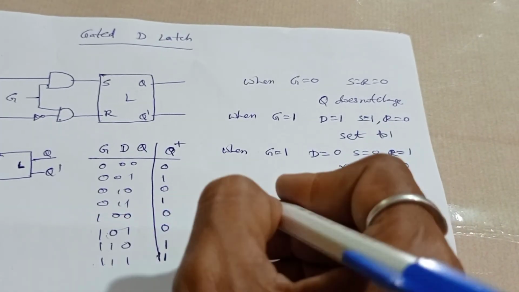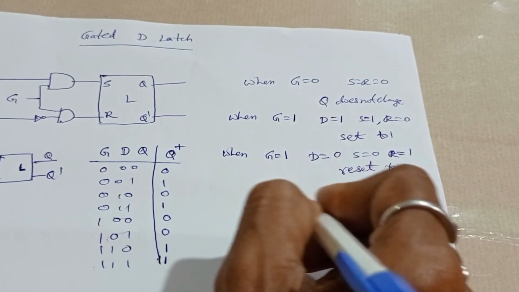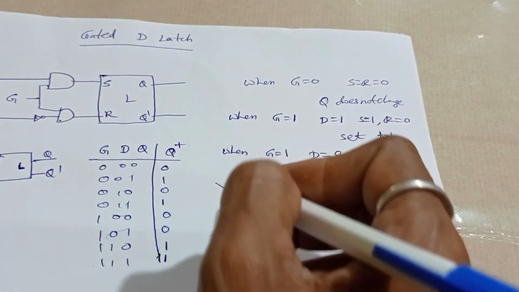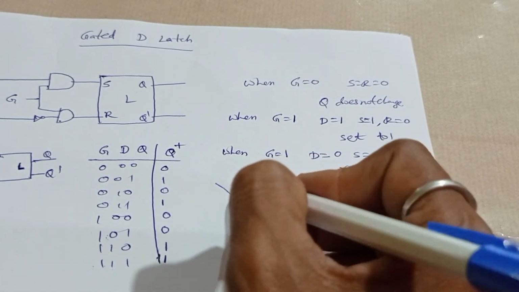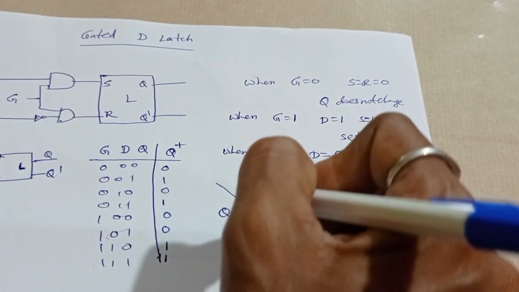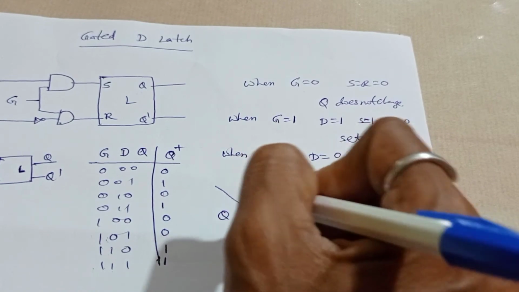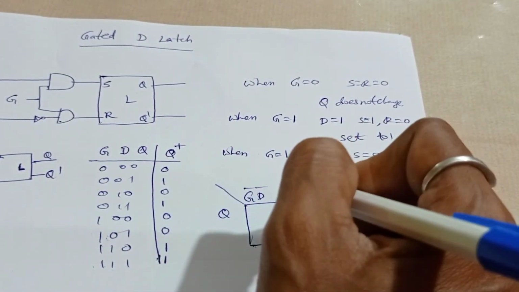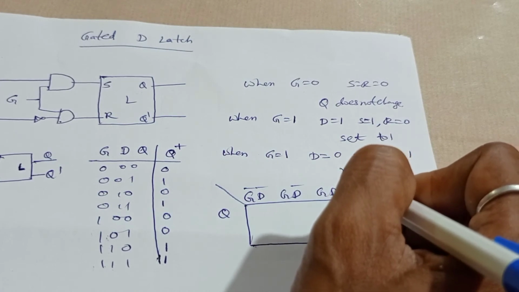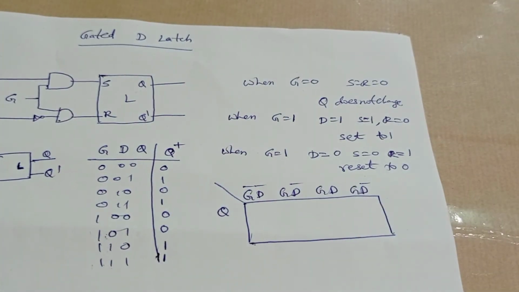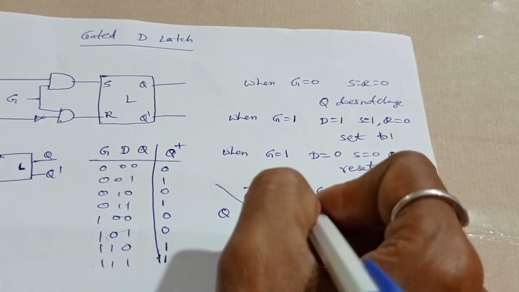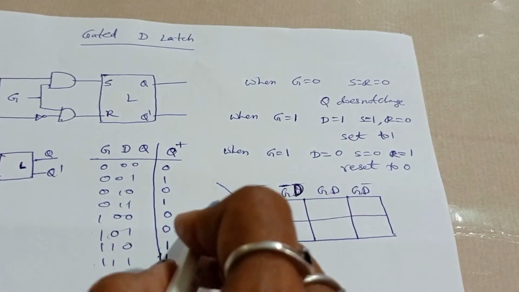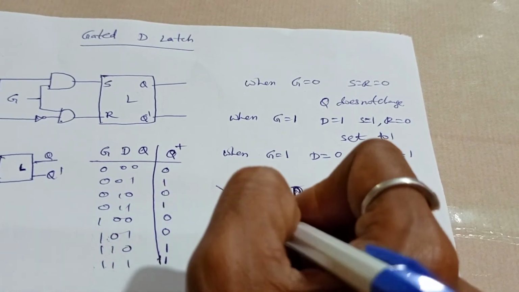Now by this we'll construct the K map and see the characteristic equation. Q, G, D. Q bar, Q. All zeros, 0.